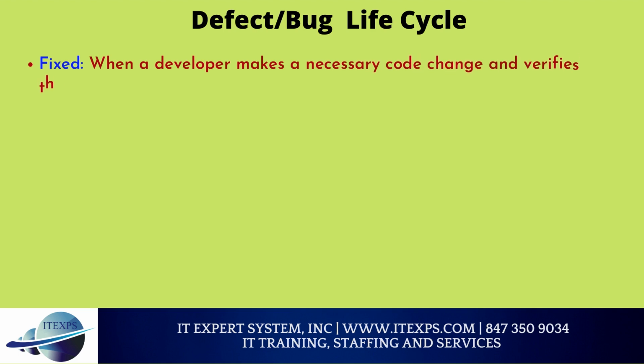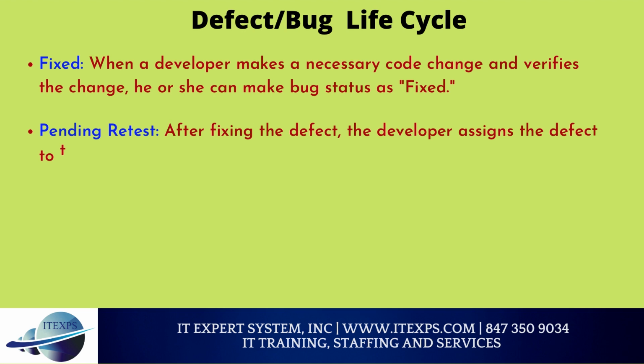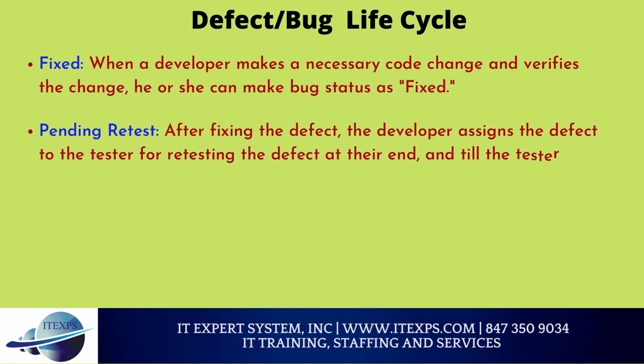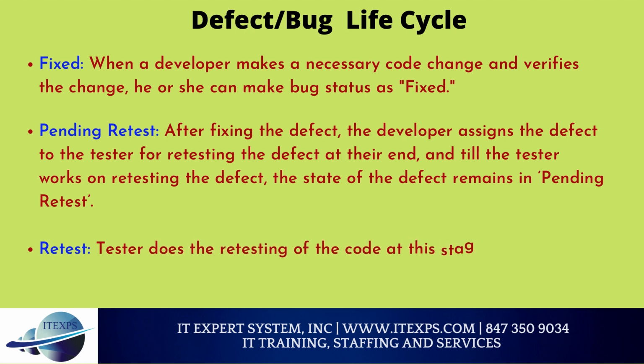When a developer makes a necessary code change and verifies the change, he or she can make the bug status as fixed. Pending retest. After fixing the defect, the developer assigns the defect to the tester for retesting the defect at their end. Until the tester works on retesting the defect, the state of the defect remains in pending retest.